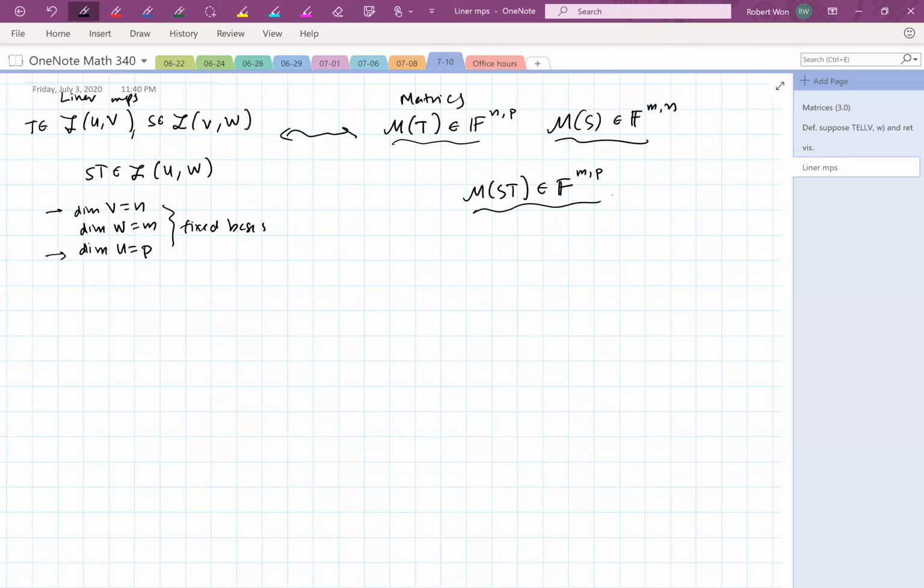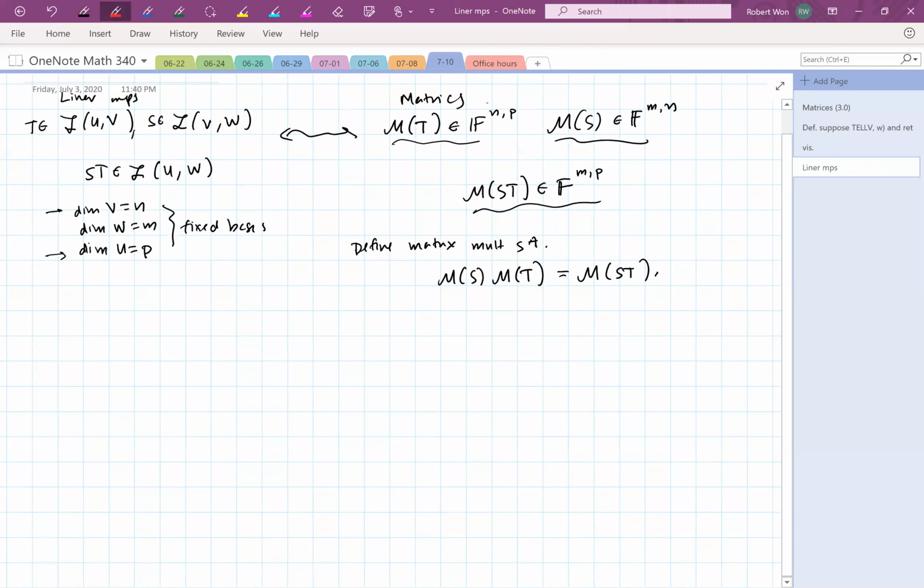Well, what we're going to do is define a matrix multiplication such that when you multiply the matrices for S and T, you get the matrix of ST. This matrix multiplication will only be defined on matrices of a certain size.